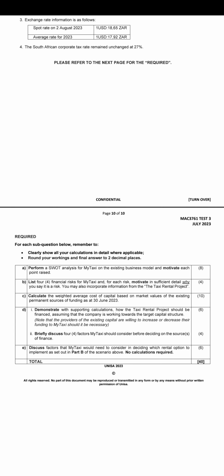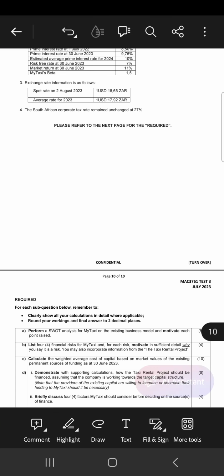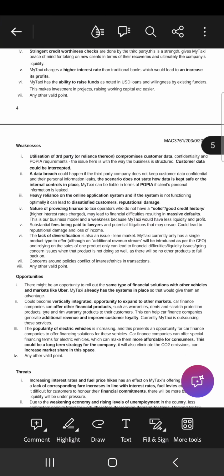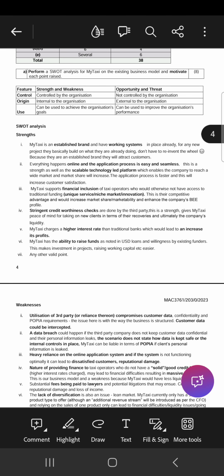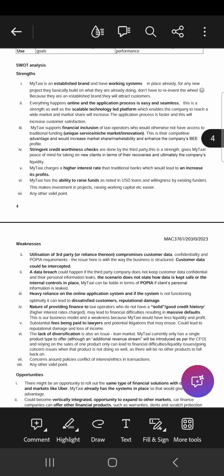So let's look at the solution actually, and then take it from there. So the solution, as you see, mentioned established brand, working systems. These points set up in bold are pretty much like your triggers or your subheadings, to see, okay, fine, are these things prevalent in the information given?